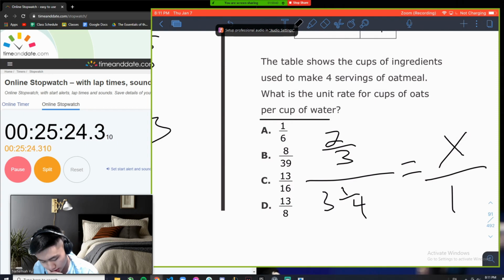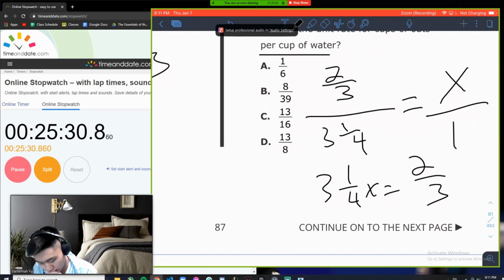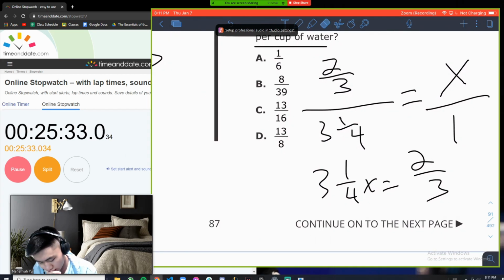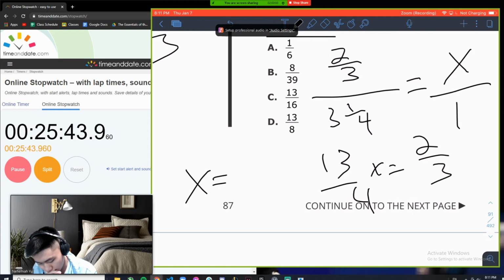And if you cross multiply this, so 3 1/4 x equals 2/3, right? And 3 1/4 is actually 13 over 4, right? And then you solve that, x equals 8 over 39.